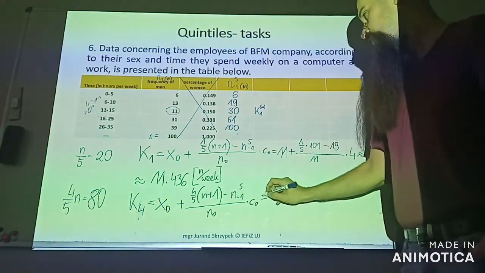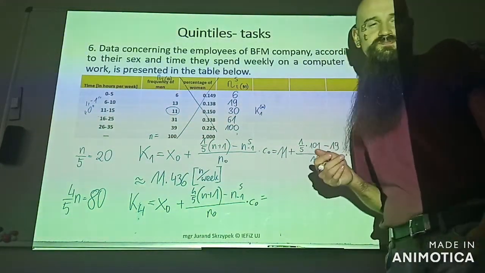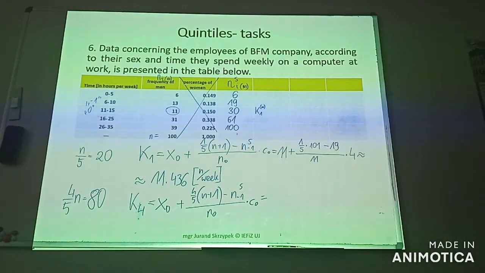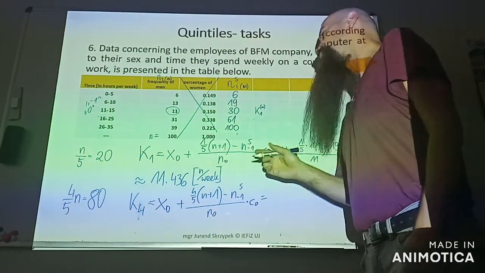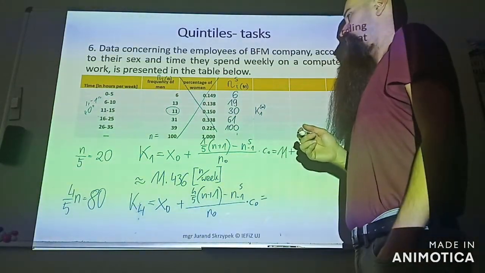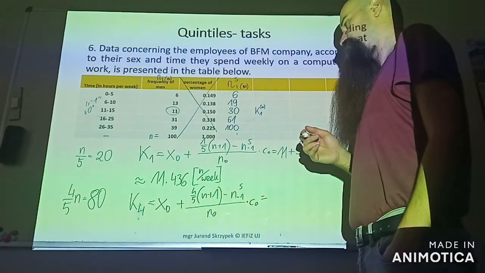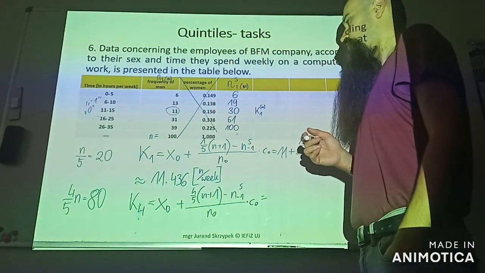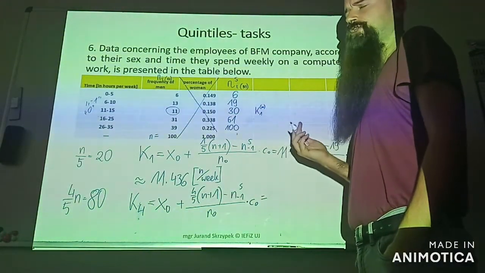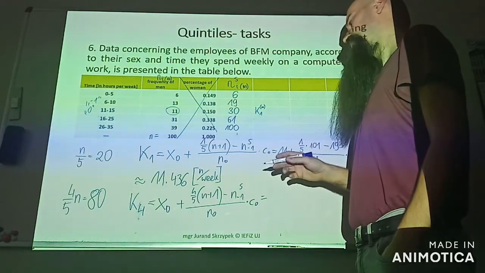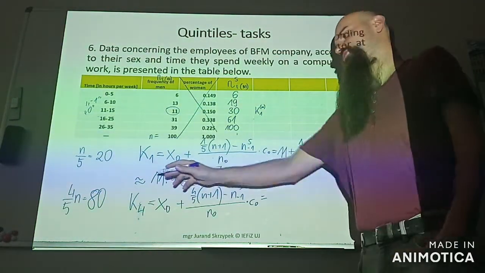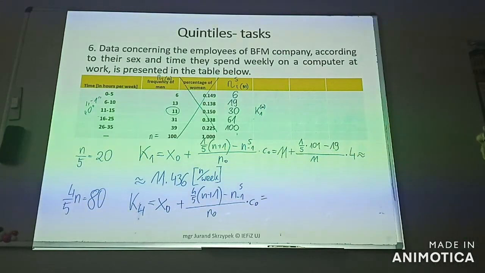And now we are looking for the class in which the cumulative frequency exceeds 80% of the population, or simply 80 units.